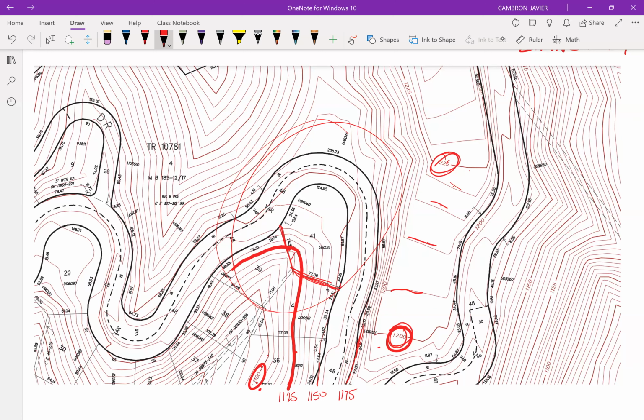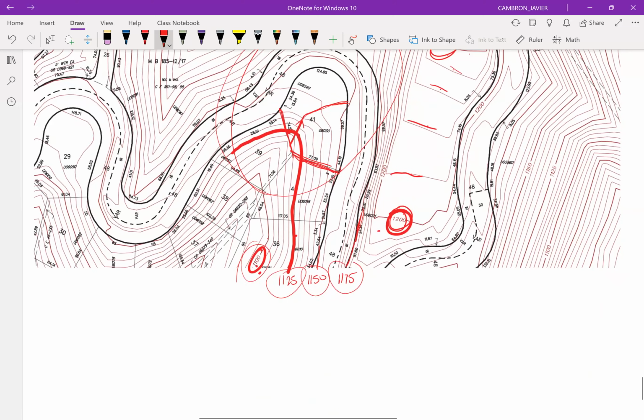And then it flattens out, and then it kind of flattens out even more like this, right? So that tells me, based on these numbers, that the hill is coming up and then it gets flat and then it gets flatter.